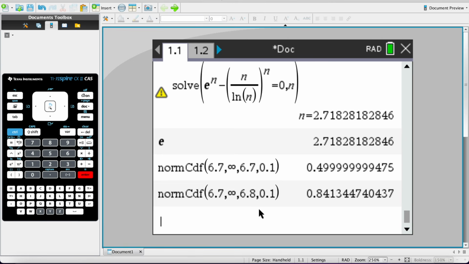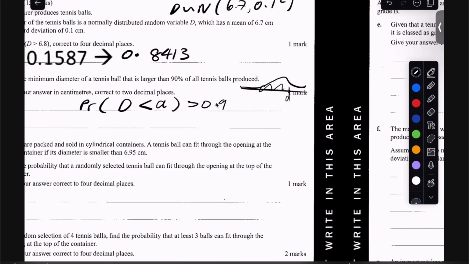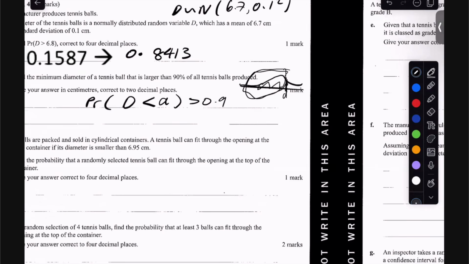Let me just write that down. So we want a certain value A which is the minimum, such that it is larger than 90% of all. So we want greater than A to be 0.1 or less than A to be 0.9. Sorry, I was on the wrong screen, but basically I just drew it out. Probability that D is less than A, we want to be at least 0.9. So it's the top 0.9.